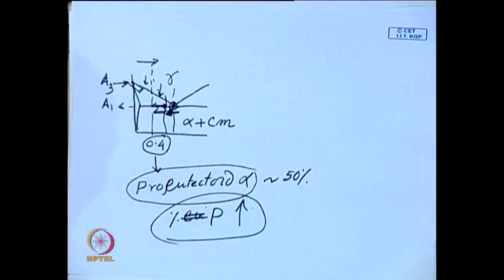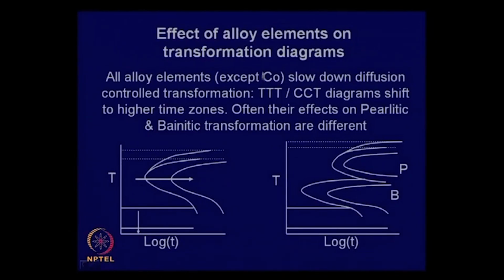This is one important point you must remember. Then effect of alloy elements also affects the transformation kinetics, both the time temperature transformation diagram as well as the CCT diagram, and in fact, this effect is shown over here. All alloy elements except cobalt slow down diffusion controlled transformation.